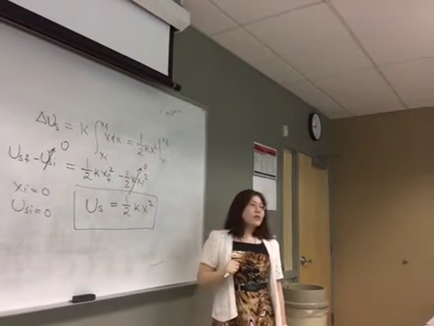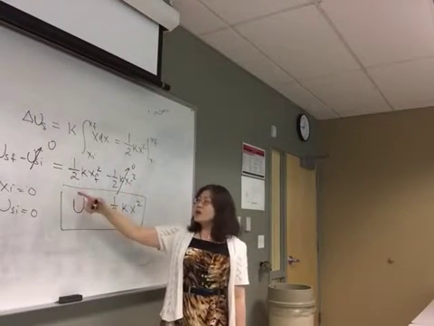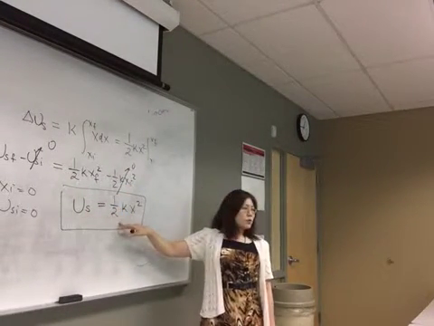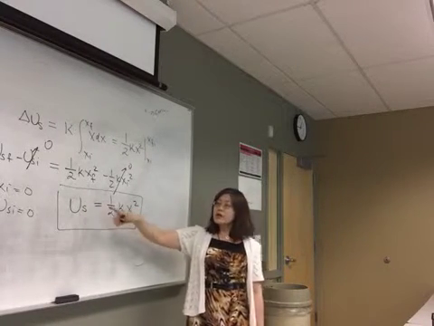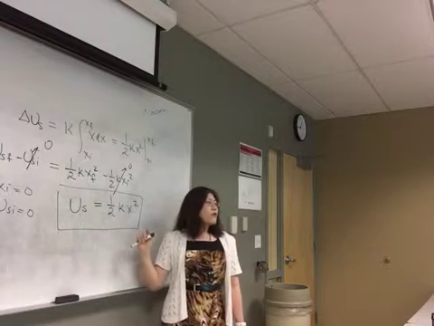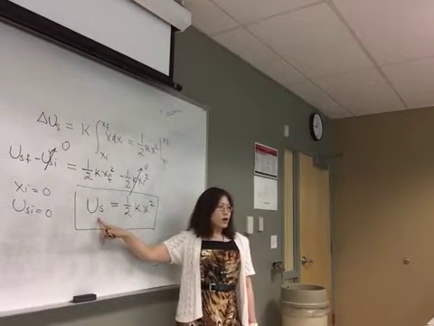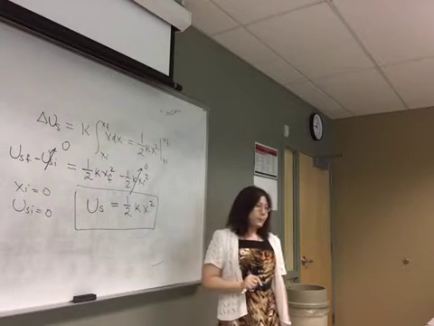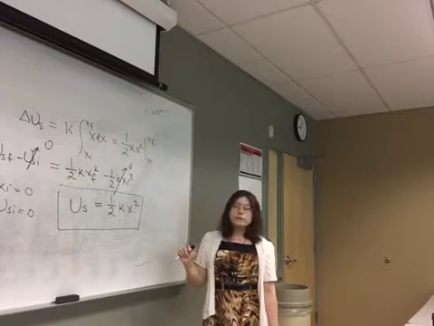And if you recall from last chapter, we found the work done by spring force is equal to negative 1/2 kx squared, which is consistent with what we have here, because U_S and the work done differ by a negative sign. So the work is negative 1/2 kx squared, and then the spring potential energy is positive 1/2 kx squared. Potential energy is energy, so it should have units of joules.